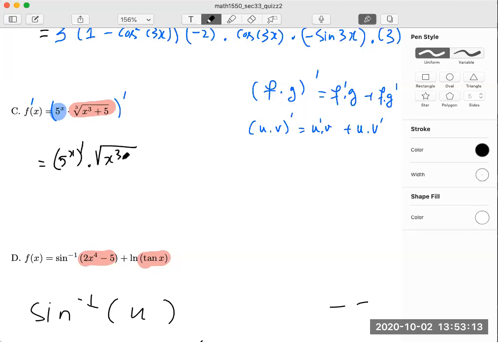plus 5 to the x times the derivative of the second guy. And the second guy here, we can rewrite it in terms of this. It makes our life easier. Okay.